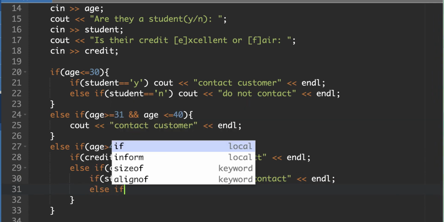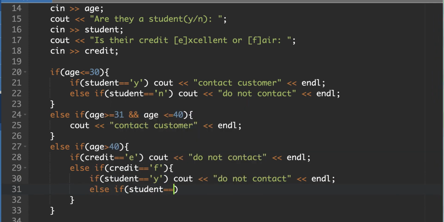Else if the student equals no, then cout contact customer.